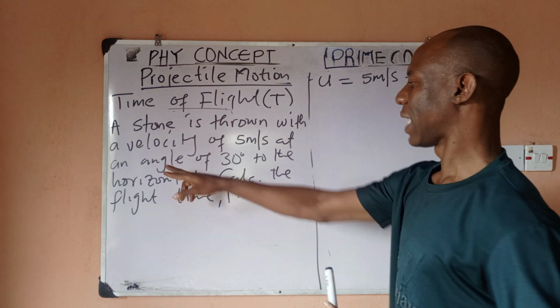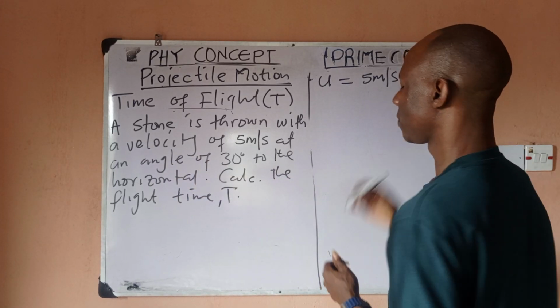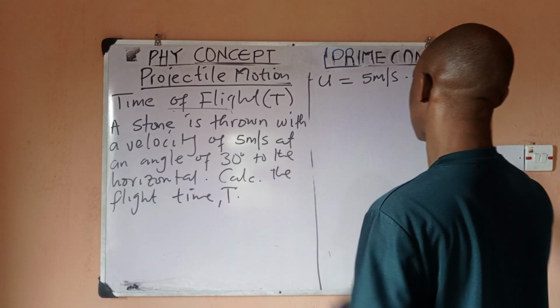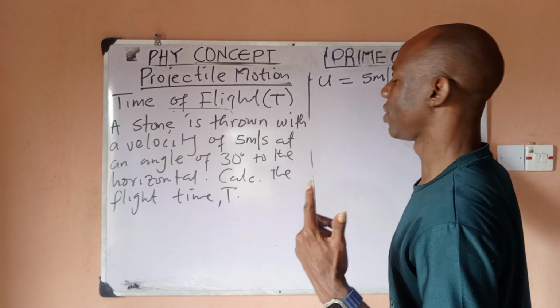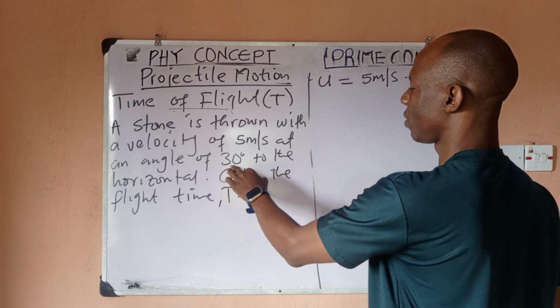So our angle of projection is 30 degrees. Remember, the angle can also be called the angle of elevation, so that you don't get confused tomorrow. So with an angle of elevation or projection of 30 degrees to the horizontal, calculate.